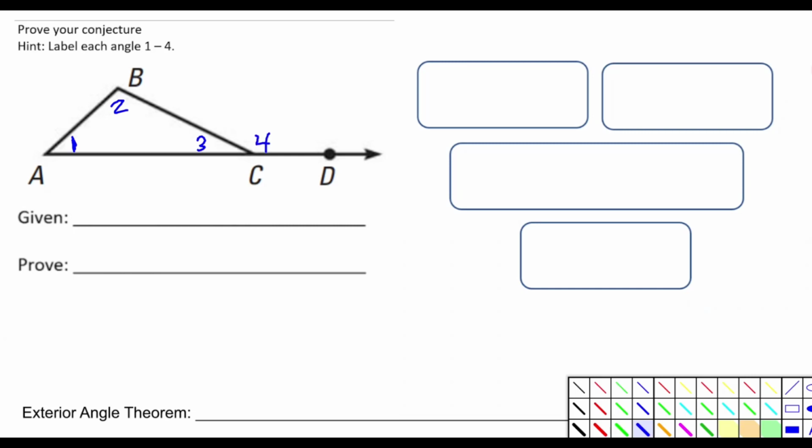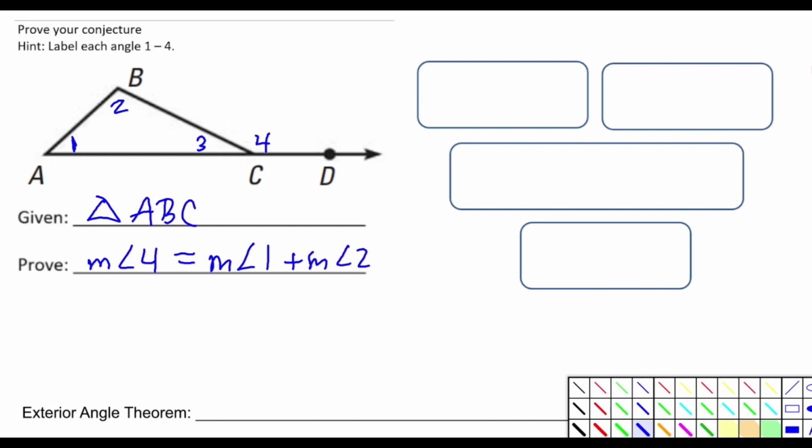All right, what are we given? I don't know, we're given triangle ABC. We're not really given much here. All right, so we have a triangle. What are we trying to prove? Well, we are trying to prove that the measure of angle 4, so the exterior angle, is equal to the measure of angle 1 plus the measure of angle 2.